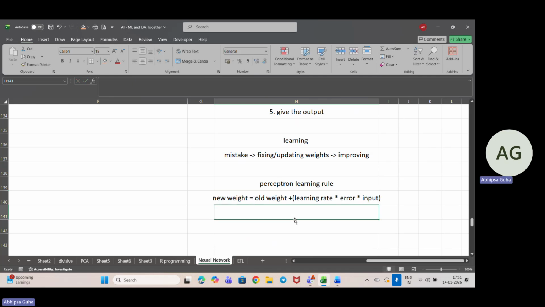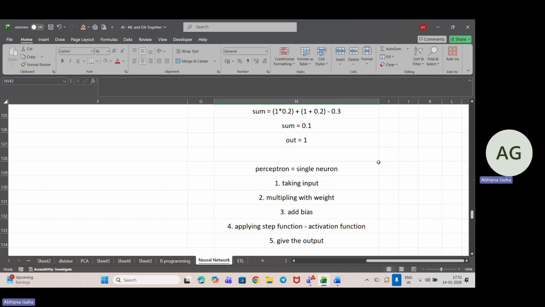So this is the new weight. Then we are taking the error. What is the error? That is the actual output minus the predicted output. Okay. So this is all about the perceptron.